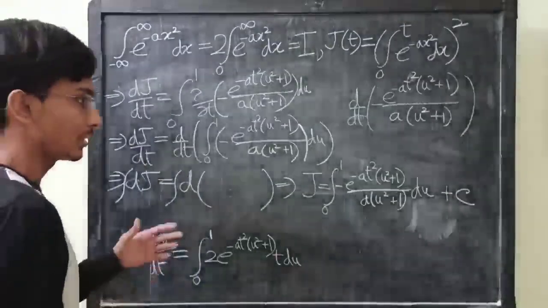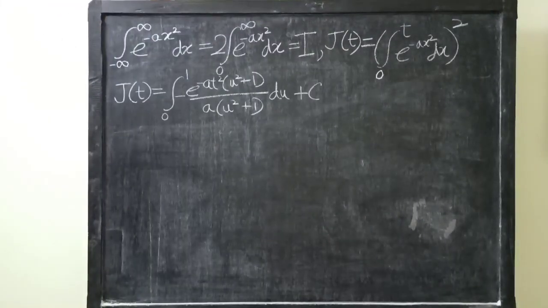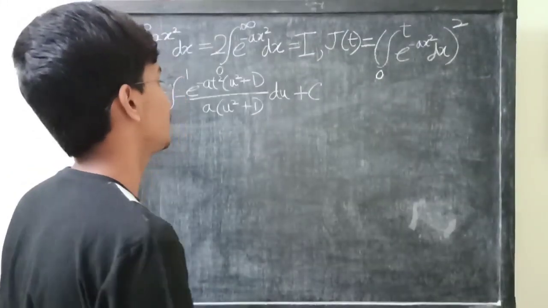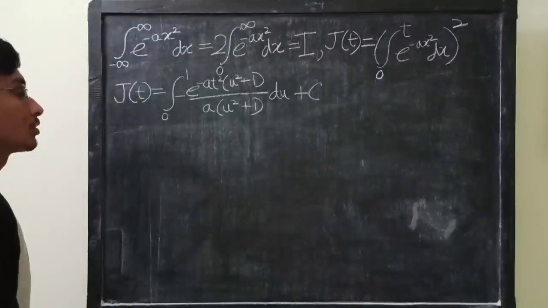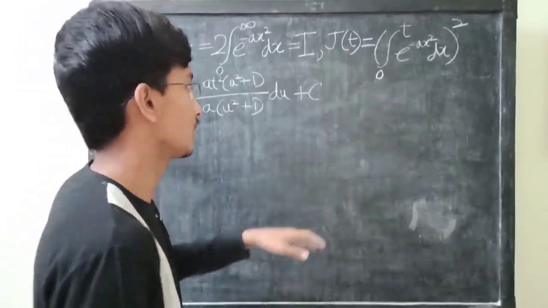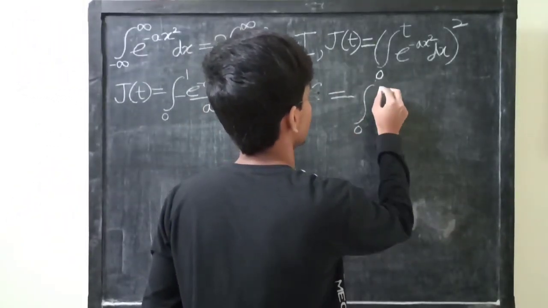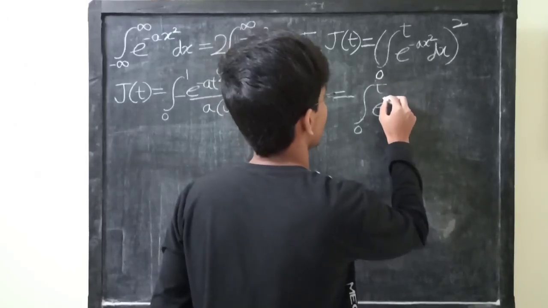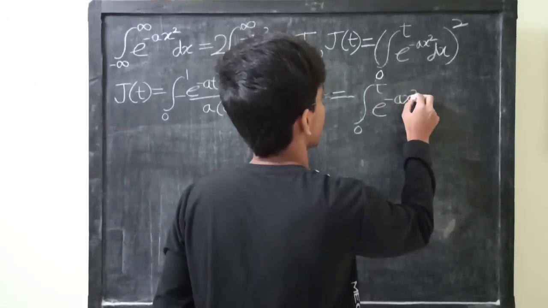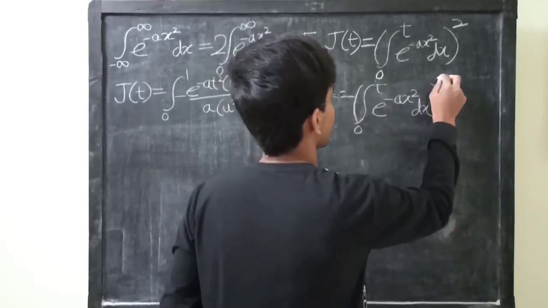So let's make up some space. So now we have cleared the board, and our next target is finding the value of this c. So for finding the value of this c, we need to write this actual function here. So I'm writing the function, that is integration from 0 to t of e to the power minus a x square tx, and its whole square.